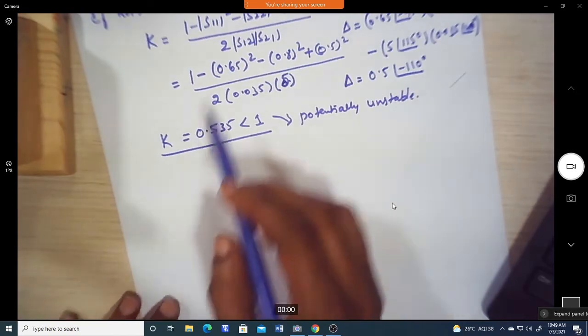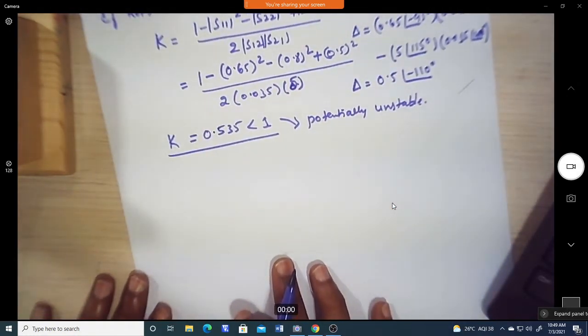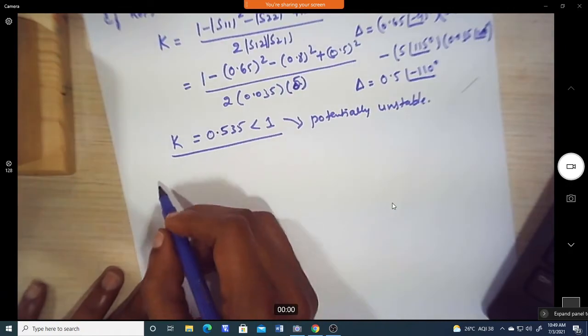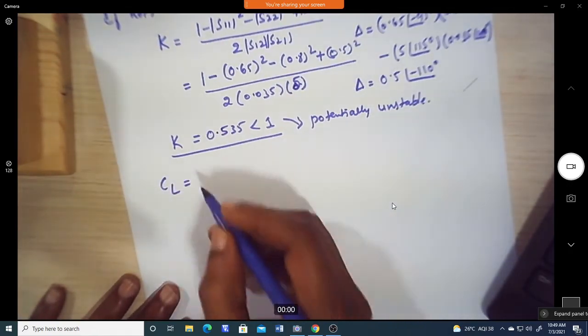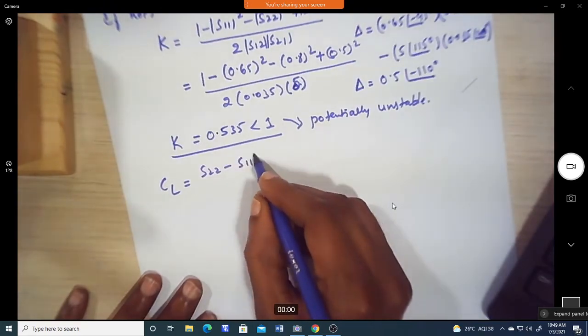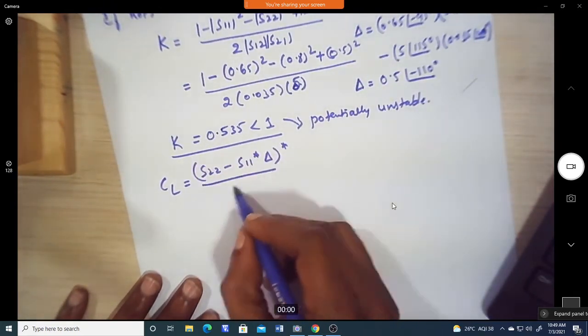Again, we need to find out for this what CS, CL, RS and RL are. So try to find out CL, which is equal to S22 minus S11 complex conjugate into delta, whole thing complex conjugate, divided by DL.